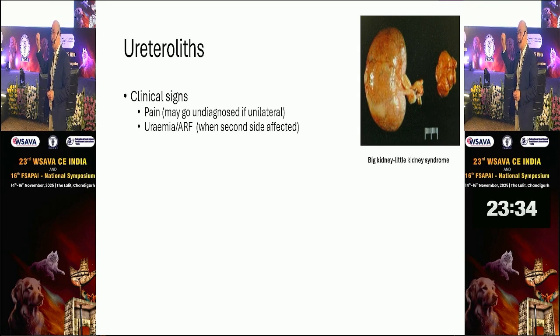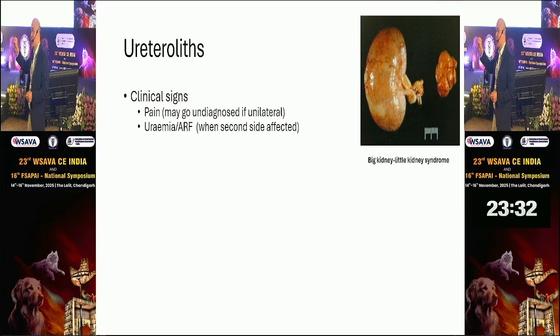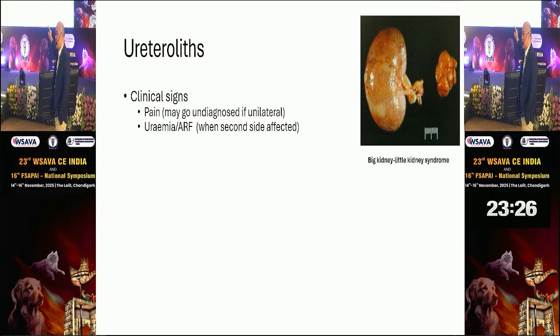So if you get obstruction on one side, you won't pick up changes because the other kidney is functioning perfectly normally. So where you might see signs is just simply pain. An animal goes off colour, is unwell, is extremely painful in the abdominal cavity, is probably the first sign. More commonly, we see them when they're actually azotemic or uremic and they've got renal dysfunction.